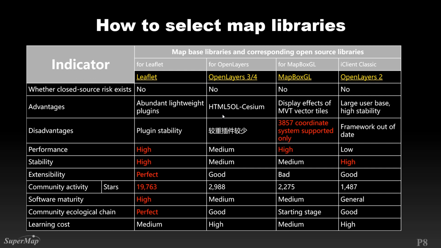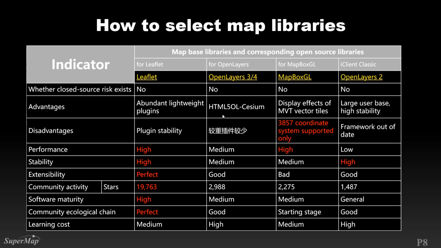Some users might choose the classic JS library for the old iServer based on the original OpenLayers 2, because the product's documentation is relatively complete, considering that it has existed for a relatively long period.